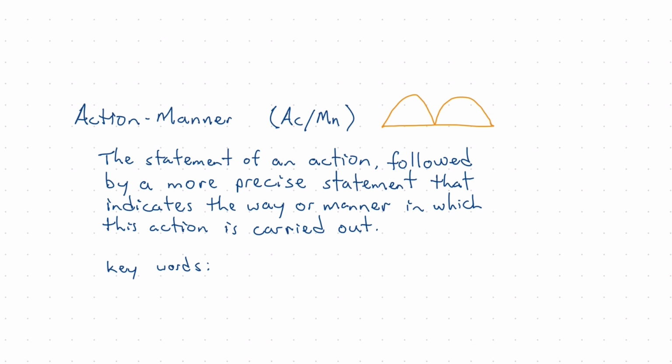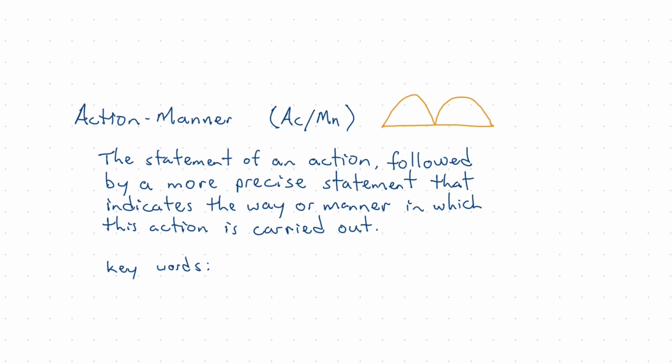We're going to use the shorthand of AC/MN, action, manner, to designate this. The definition of action manner is the statement of an action, a proposition which states an action, followed by a more precise statement that indicates the way or the manner in which this action is carried out. Okay, so the key words that you'll see, and if you're looking at your cheat sheet, you'll see these.